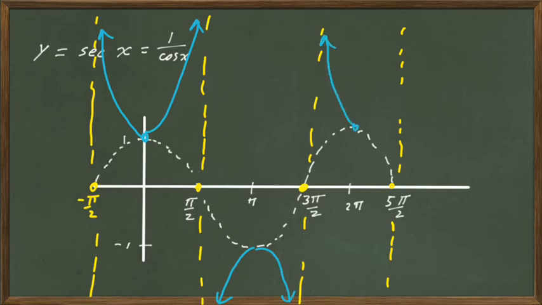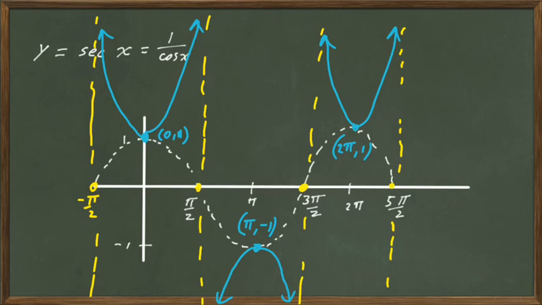I think I actually graphed 3 of these. That would be 2 pi comma 1. This would be at pi, -1. This point would be at 0, 1. And this one is your secant graph. The secant comes off of the cosine. Now that's a secant graph.